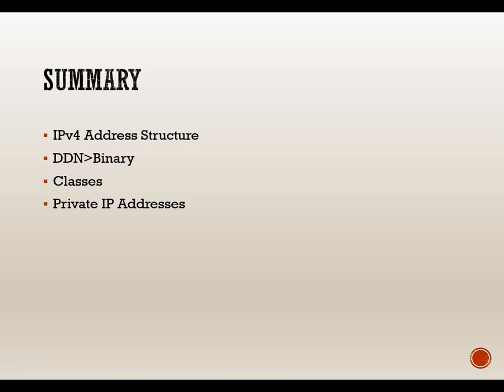We talked about classes, and we talked about the addressing, the subnet mask, how the subnet mask works in the classes, as well as private IP addresses, the value of them, what they do for us in extending the life of IPv4, the address space, as well as how it provides security to our private network by using network address translation or port address translation.